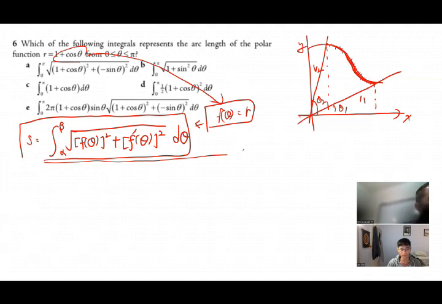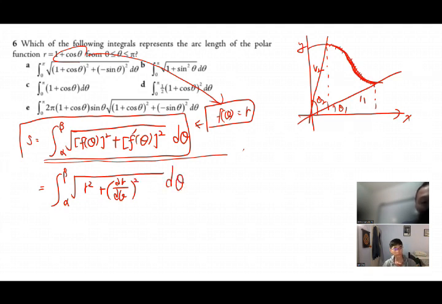It can also be re-expressed as the integral of the square root of r squared plus (dr over d theta) squared, d theta. I recommend memorizing this formula. Now all you need is to plug r into this formula.